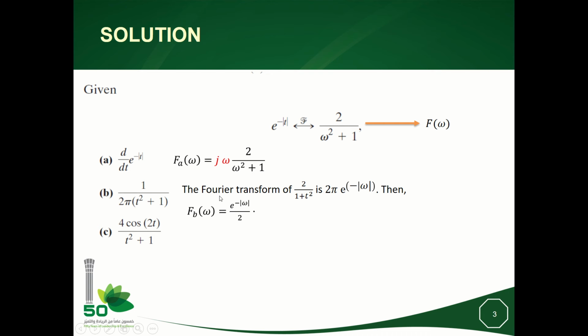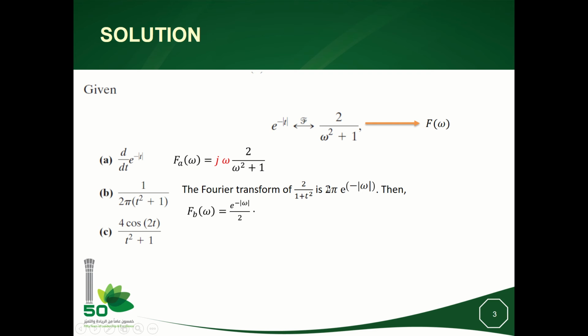So this is what I will apply here for the function fb, which is fb of t, which is 1 over 2 pi times 1 plus t squared. So the Fourier transform of 2 over 1 plus t squared, when I replace omega by the time, is equal to 2 pi exponential minus omega.